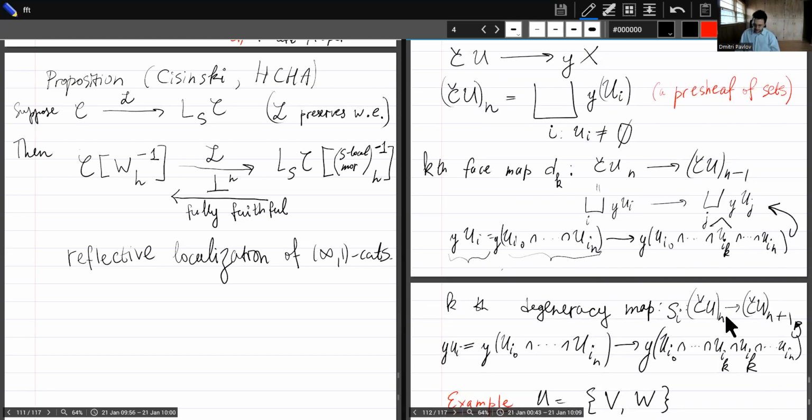And the degeneracy map, as you can guess, is going to duplicate the k-th factor. So you can duplicate an element in the intersection, and adding one more identical term is not going to change the intersection.